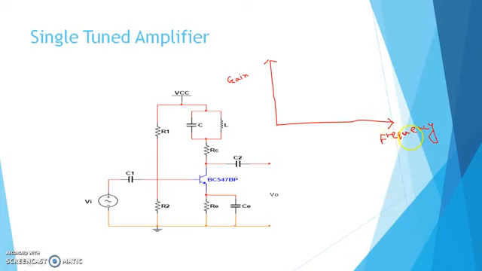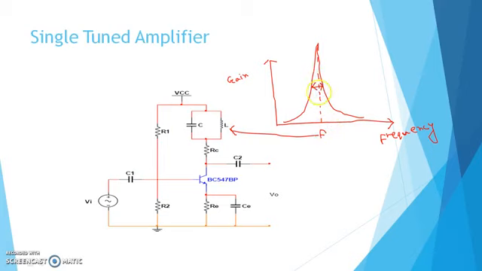Here frequency is on the x-axis and gain on the y-axis. The gain versus frequency graph should be like this. At a particular frequency the gain should be very high, and this frequency is F, the resonant frequency of this tank circuit, that is F is equal to 1 by 2 pi root over LC, and the bandwidth will be very small.